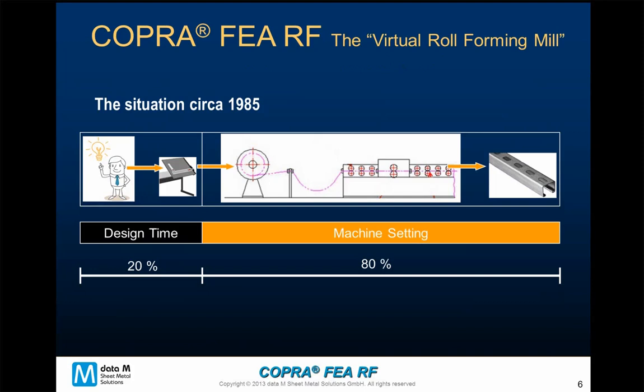This would equate to approximately 20% of the overall project or product introduction time. This would be followed by roughly an 80% machine setup, and this would generally be done on a production machine, whereby the new tooling would go onto the machine and some tests would be conducted, and then it would leave the machine to allow for some roll modifications or new rolls to be manufactured.